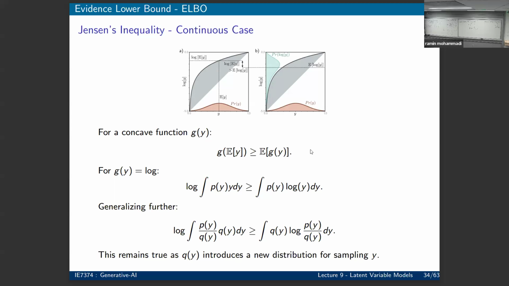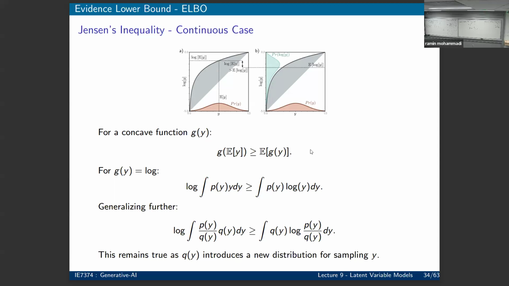So let's go back to what we were trying to solve. We had this term, with the new distribution introduced, log of this, and we will say that this is always greater than this times the log. So the log basically goes inside. That's Jensen's inequality. This term is always greater than this term.